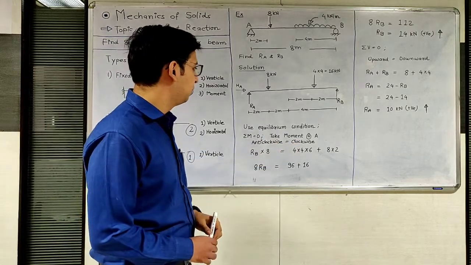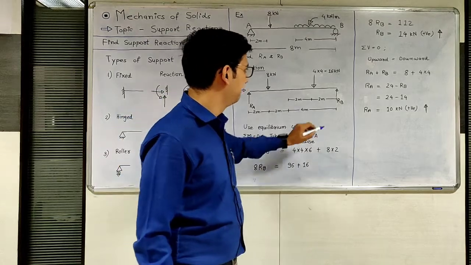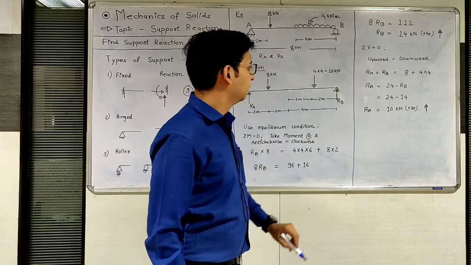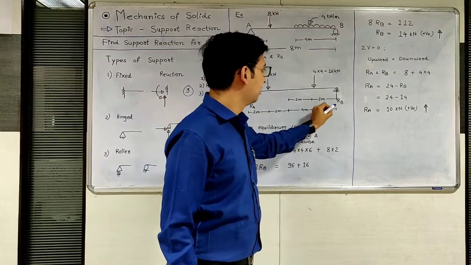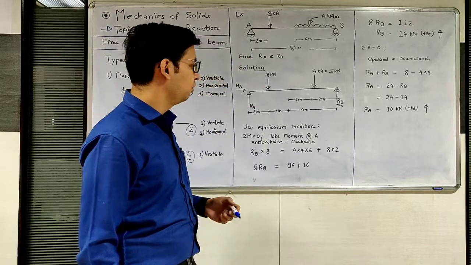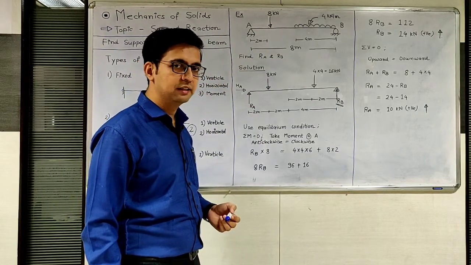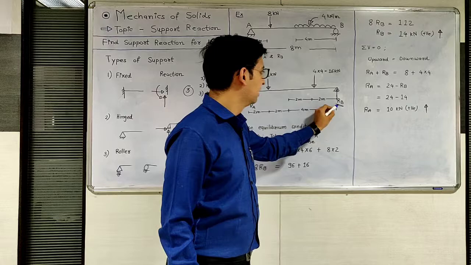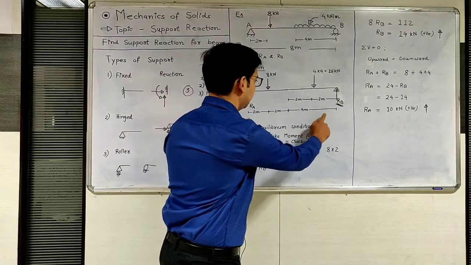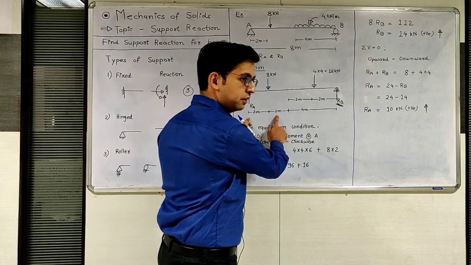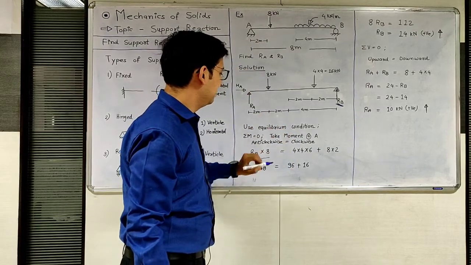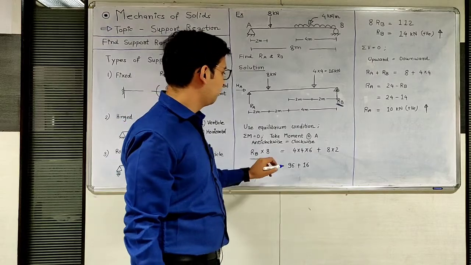Anticlockwise moment is due to this point load, which is support reaction RB, and moment means force into perpendicular distance. So force is RB, and perpendicular distance from A is 4 plus 2, 6 plus 2, 8. So RB into 8 equal to clockwise moment.